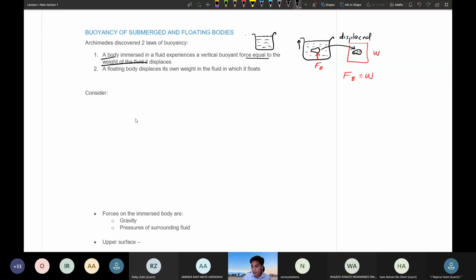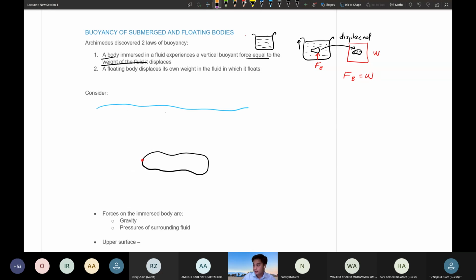For example, we have the water here, the water surface, and then we have a body, a rock or something else. From here, let's label this as point A.